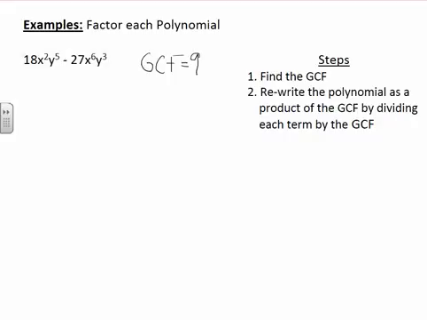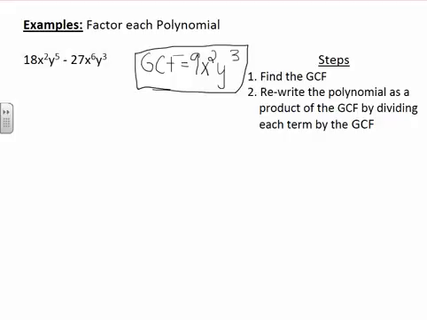In terms of our x's, we have an x squared and an x to the 6. x squared is our greatest amount, so we'll pull that out. Between our y's, y to the 5 and y to the 3, the greatest number that they both have is y to the 3, leaving us with the greatest common factor of 9x squared y cubed.